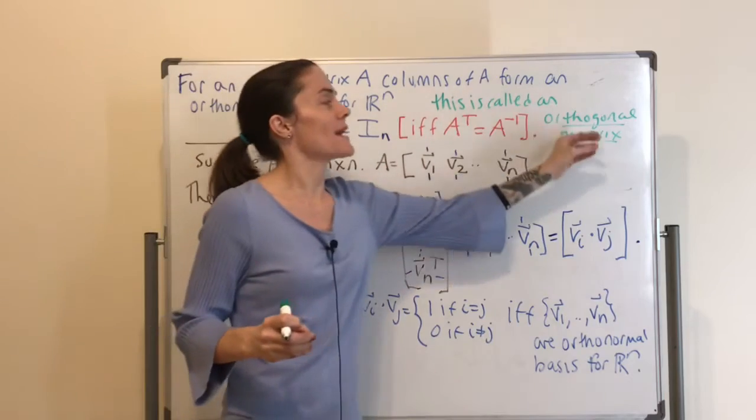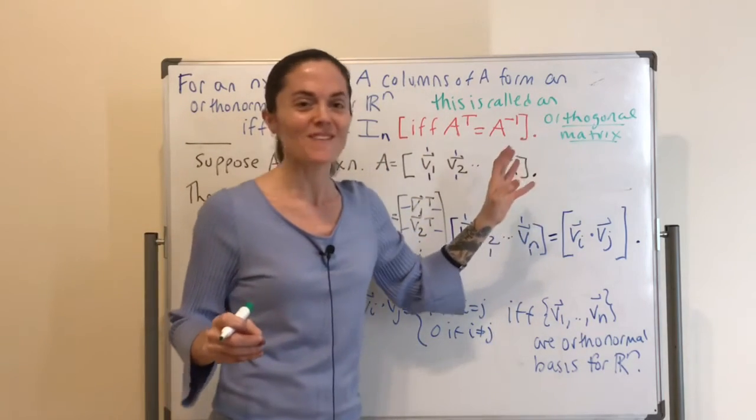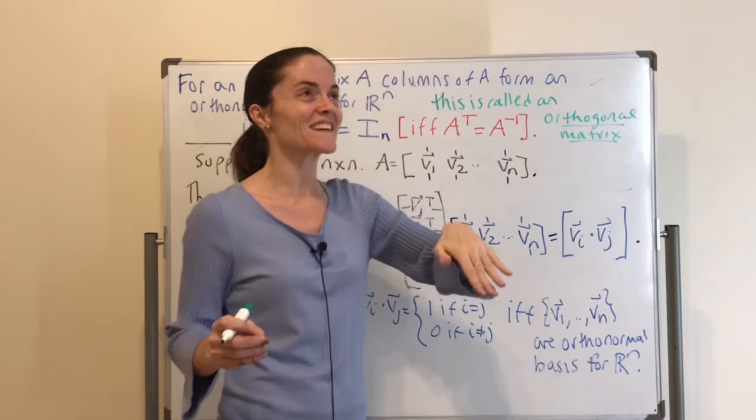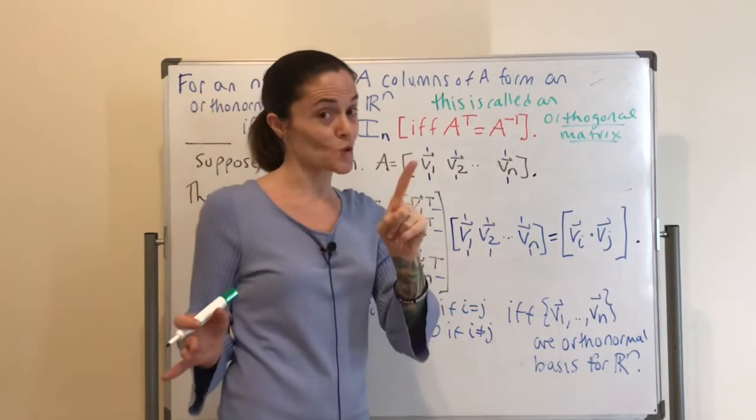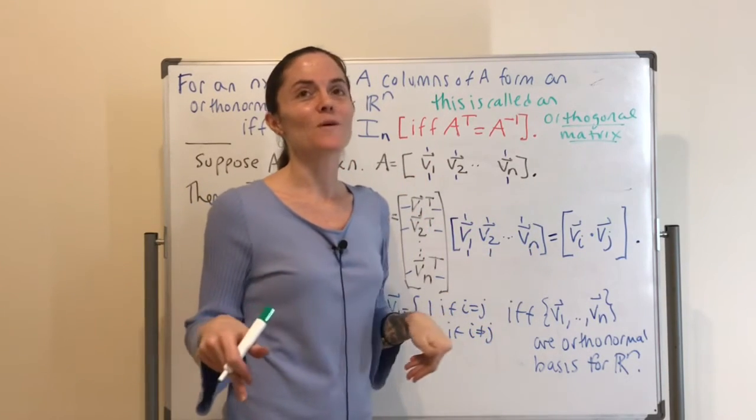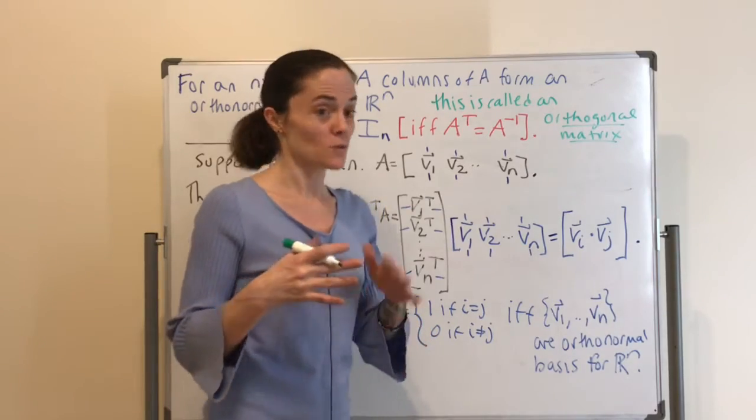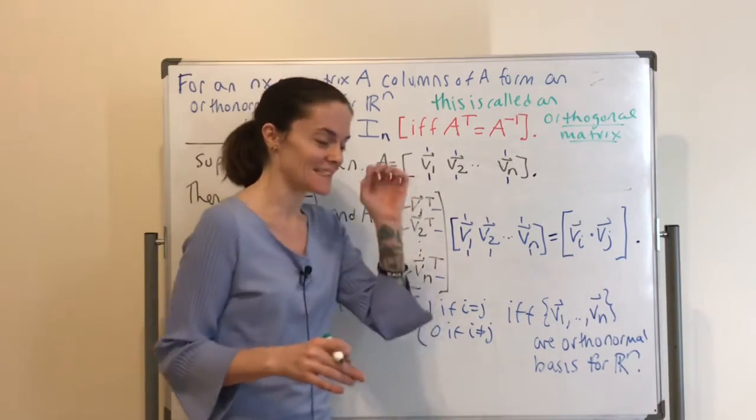So I'm just going to say right now, this will be an orthogonal matrix when it's square and the columns are orthonormal. But if you just wait a few moments, you'll see the definition.